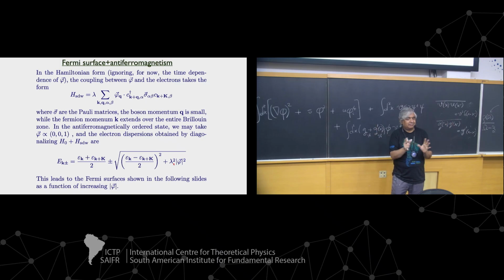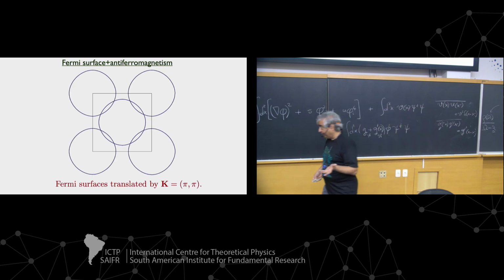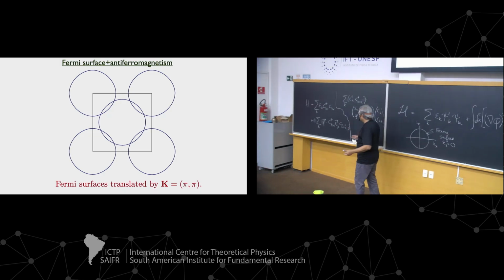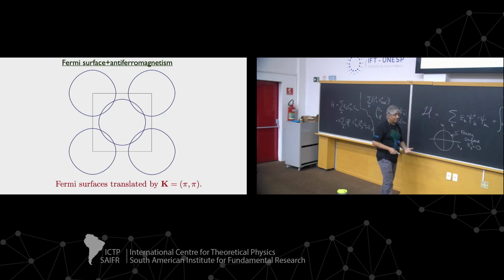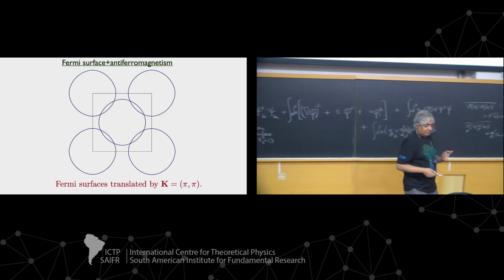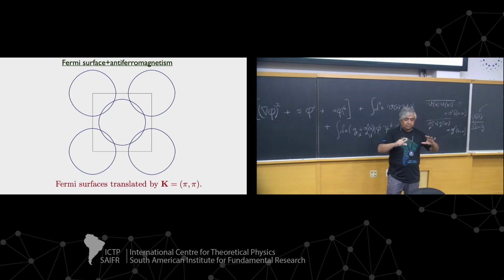Okay, you can ask Mathematica to do that and make some plots. Let me just show you in pictures how we think about this. So we have the original Fermi surface that looks like this. Then you add momentum K. So what you're going to do is take another ghost Fermi surface, if you wish, which is the Fermi surface of these fermions at momentum K. And now what happens is that the phi field couples electrons in the unshifted momenta to those shifted by exactly capital K. So we don't look at all the electrons.